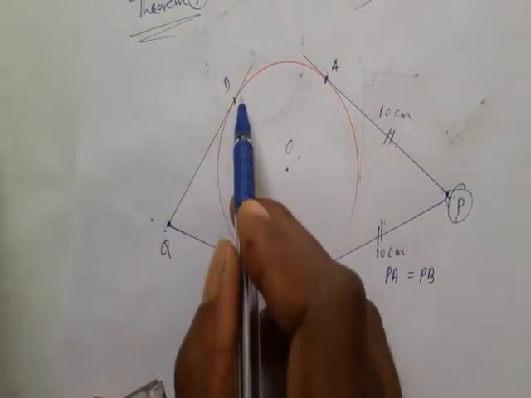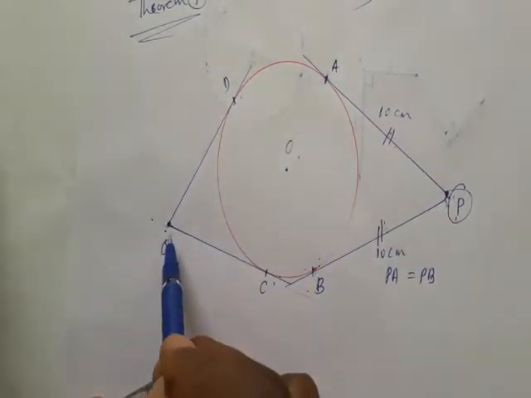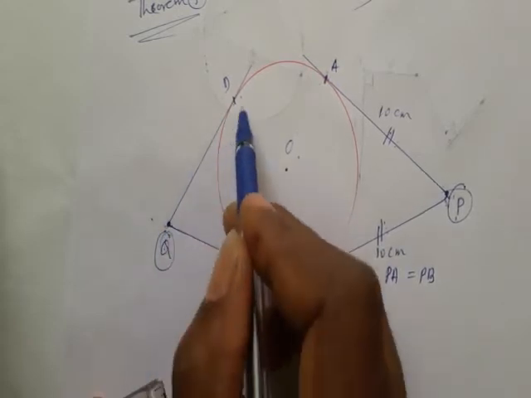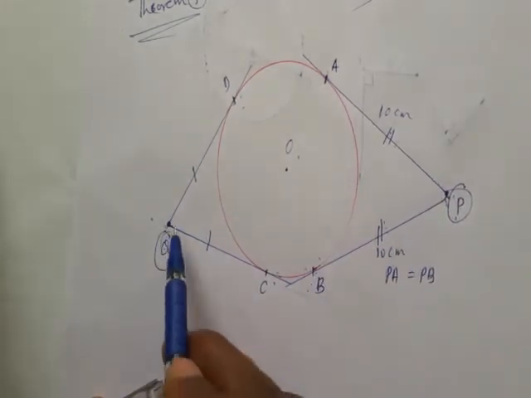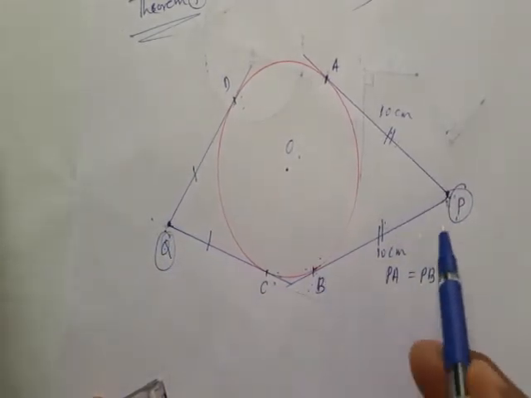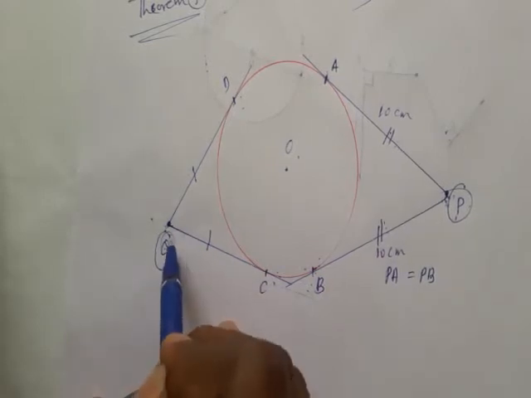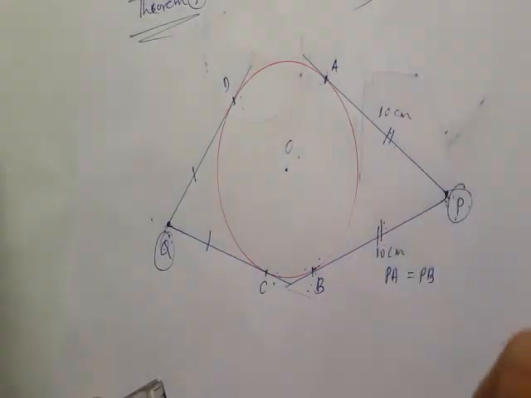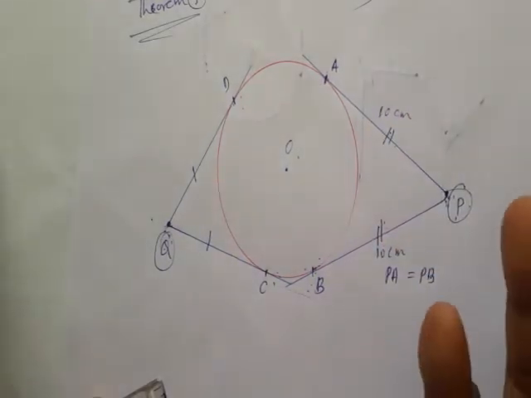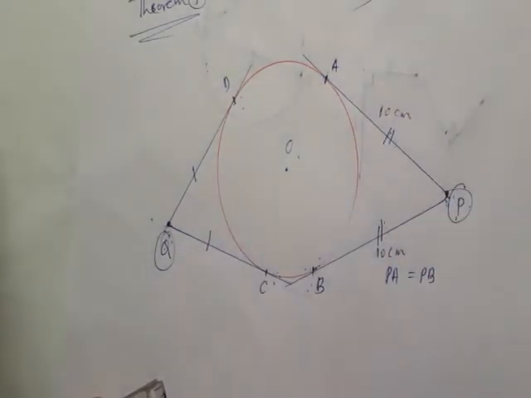QC and QD tangents are drawn from point Q, so these two are equal. One thing to remember: PB is not equal to QC, because PB is drawn from P, QC is drawn from Q. Therefore, tangents drawn from different points are not equal. It may be equal on a certain condition, but not directly equal.